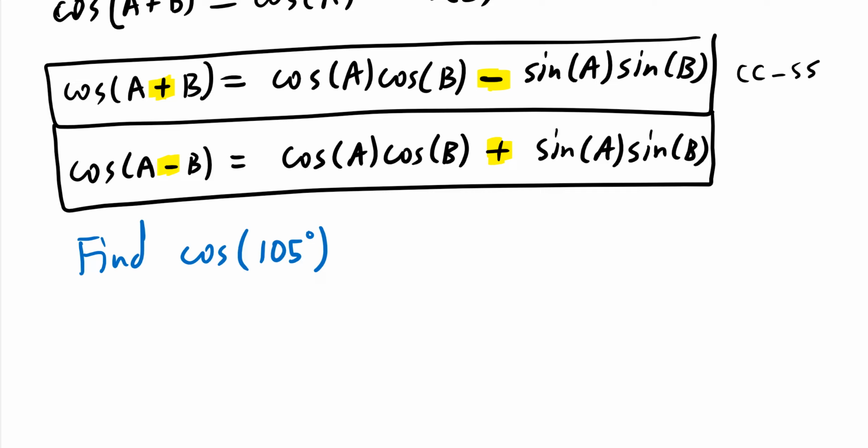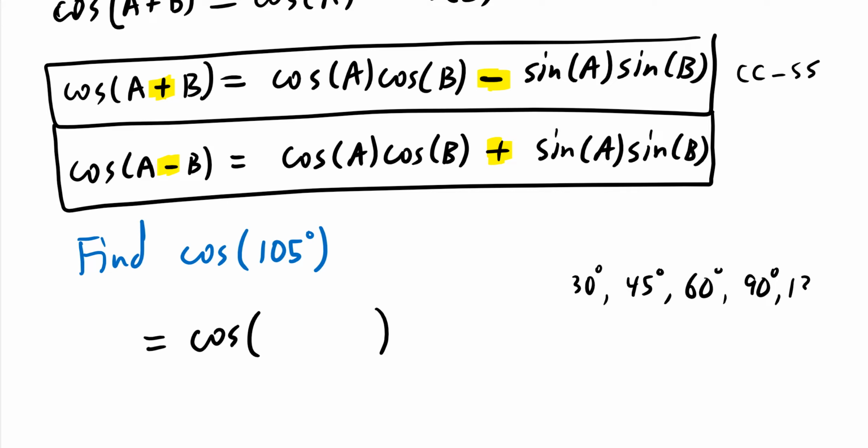Even if we draw the unit circle and try it there, it might still be a little difficult. But what I do is write 105 as a sum or difference of two angles whose sine and cosine we know, the well-known angles from the previous chapter: 30, 45, 60, 90, 135, and so on.